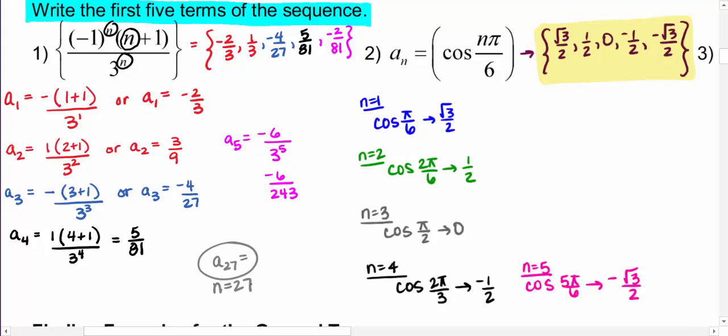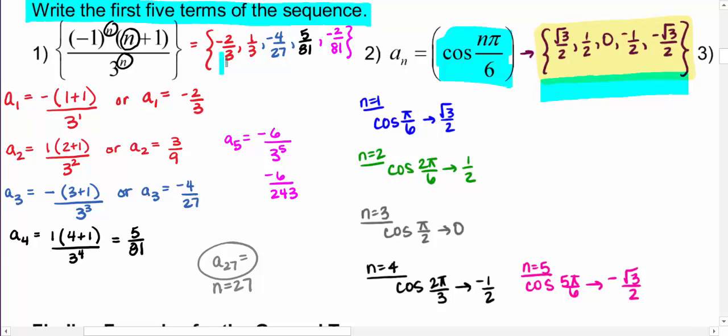So these are sequences that are written in this pattern way, not in a recursive way. So this is an nth term formula, the way these first two are written. The second example that I went through there just has a sub n equaling cosine of n pi over 6. So you could just see what those look like as they're all written out.